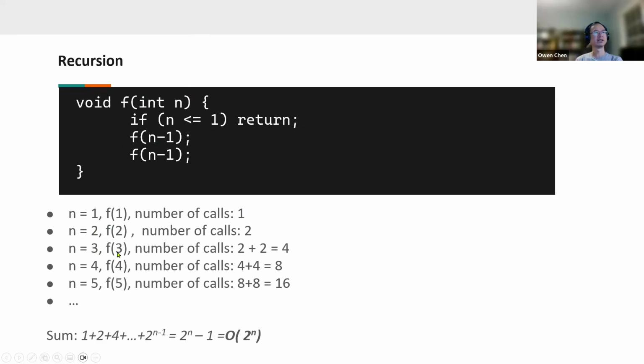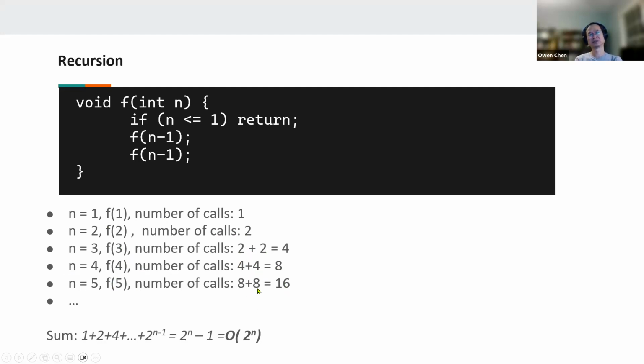When n is 3, you call F2 twice, and each F2 is 2, so 2 plus 2 is 4. When n is 4, you call F3 twice, each F3 is 4, so 4 plus 4 is 8. So you can see that as n becomes bigger, this grows exponentially.